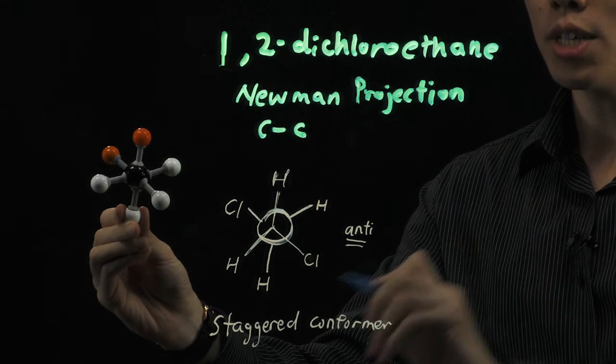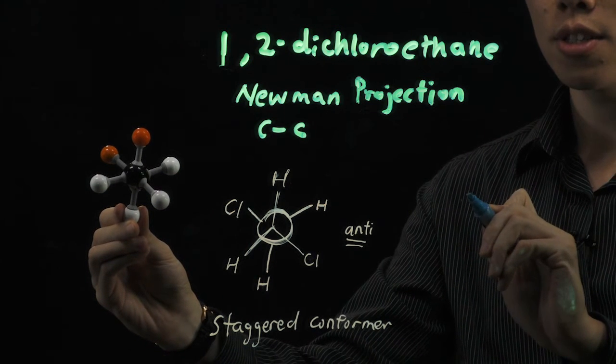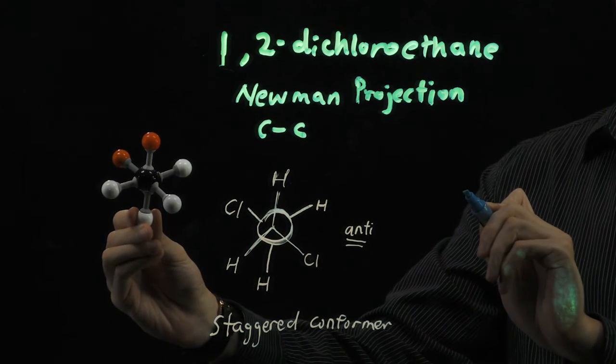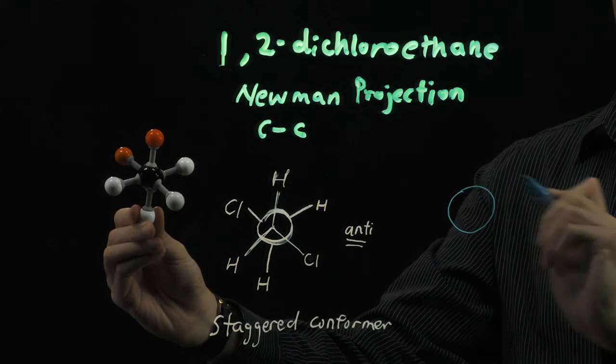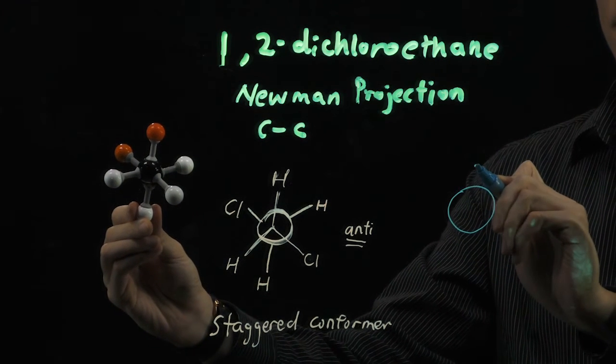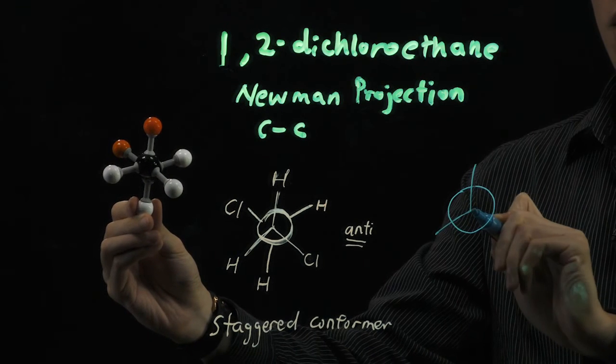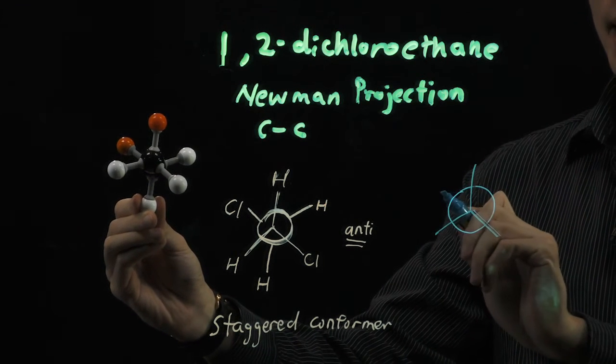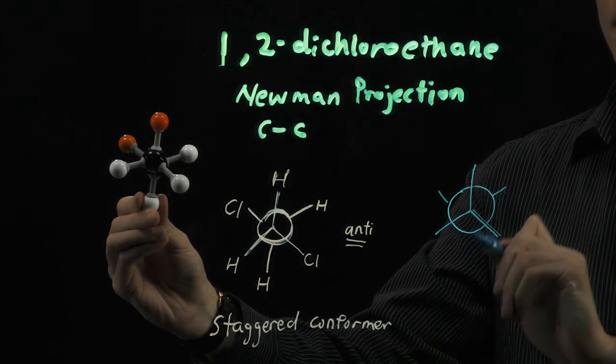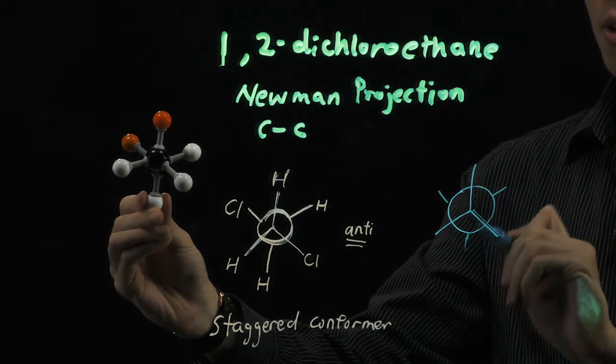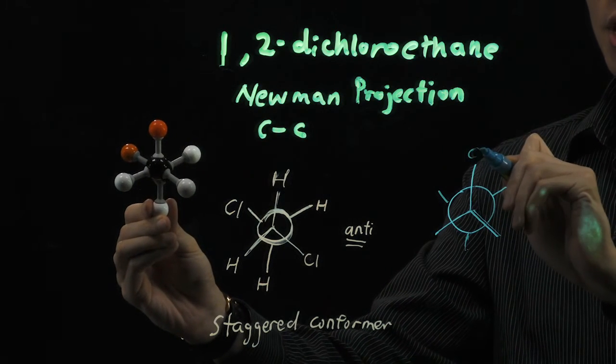Again, the template for the staggered conformer. First, you draw the circle, these bonds, and then the bonds at the back. What do you see at the top here? Chlorine.